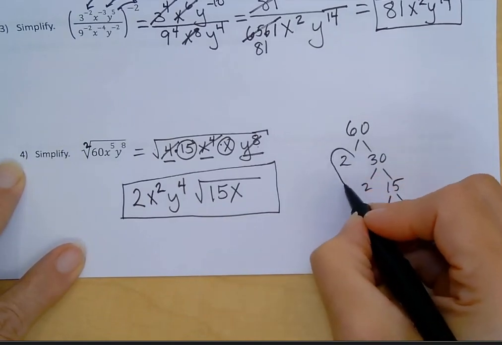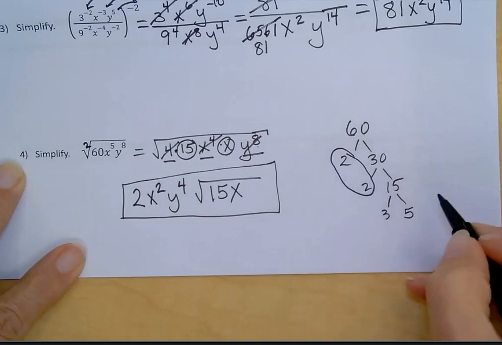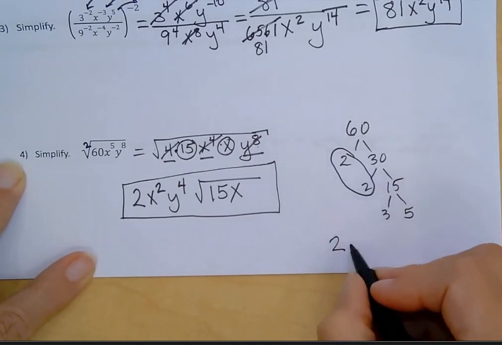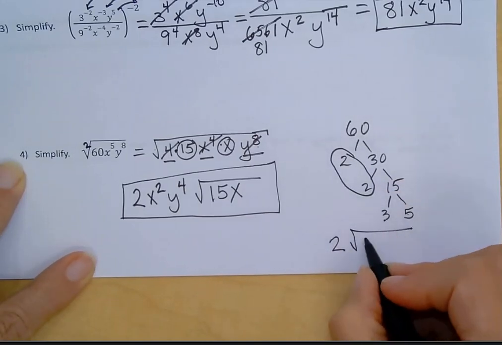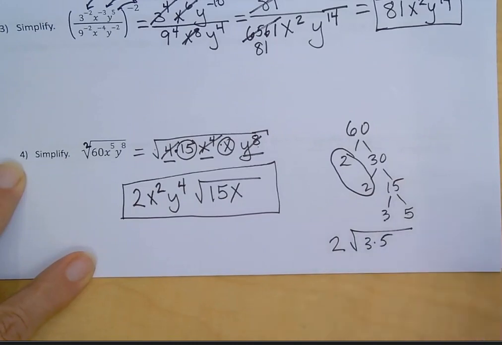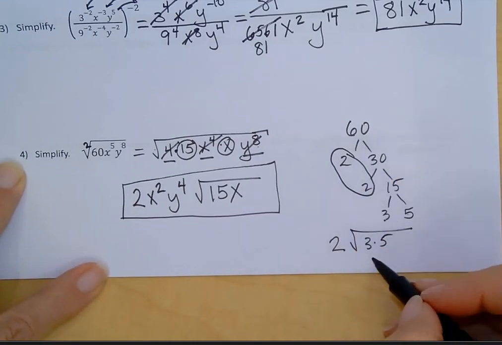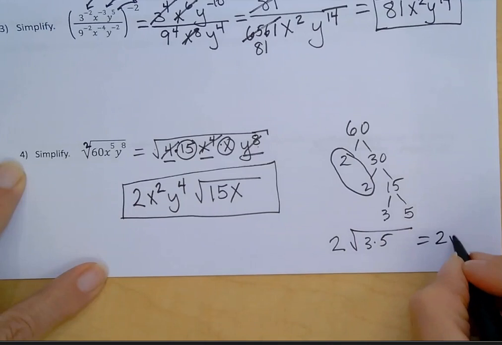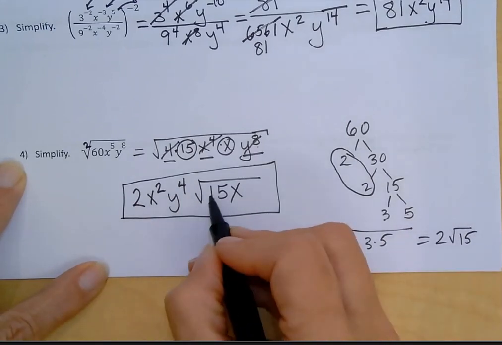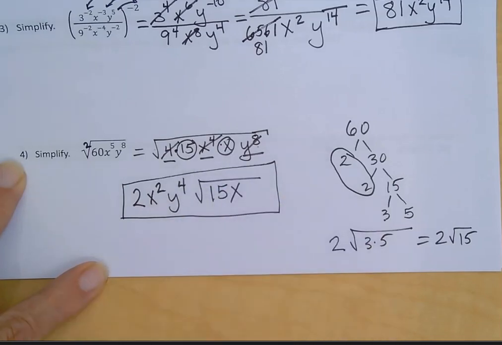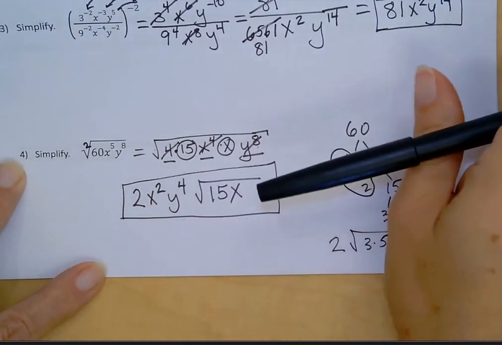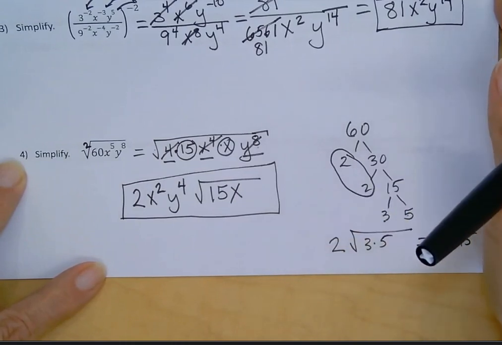I have a pair, so I would pull that pair out, so I would have 2 on the outside of my radical, and then I would have 3 times 5 on the inside of my radical. So just finding the square root of 60, I would get 2 roots of 15. Okay, that's what we have, 2 roots of 15, and then we had to deal with our variables. All right, so 2x squared y to the 4th times the square root of 15x.